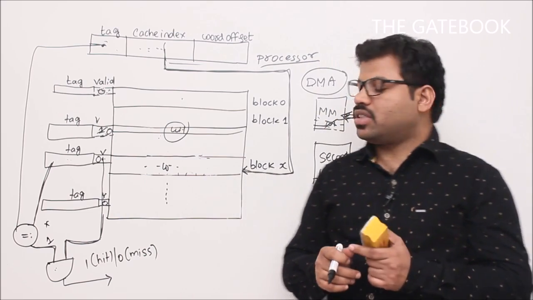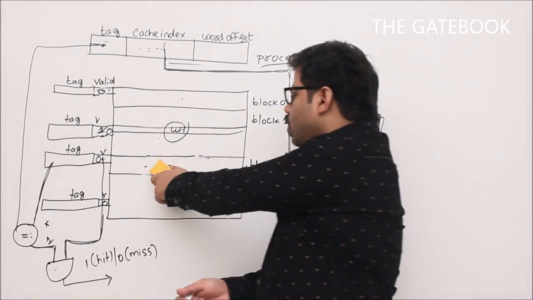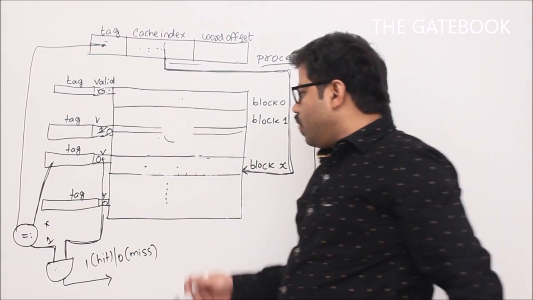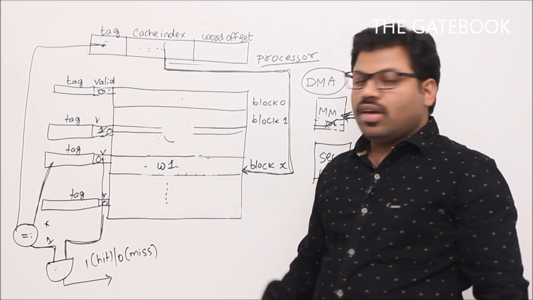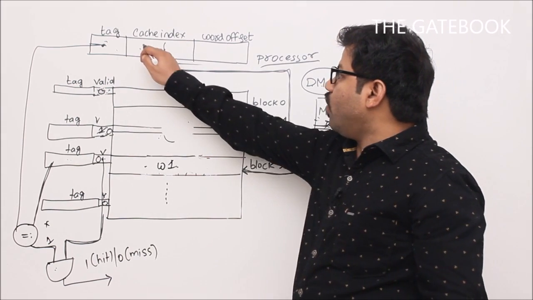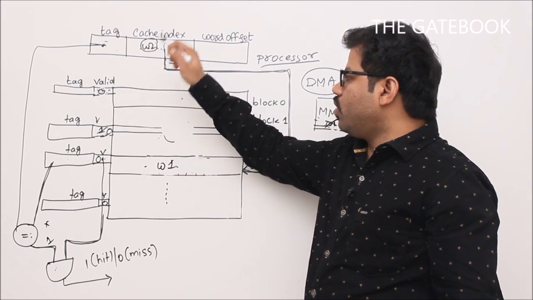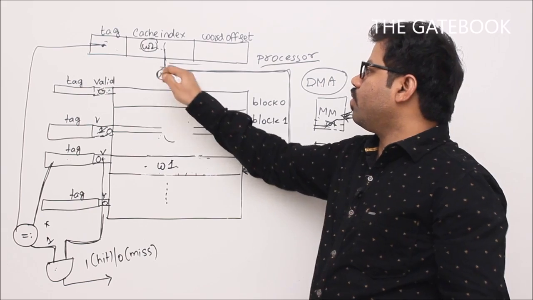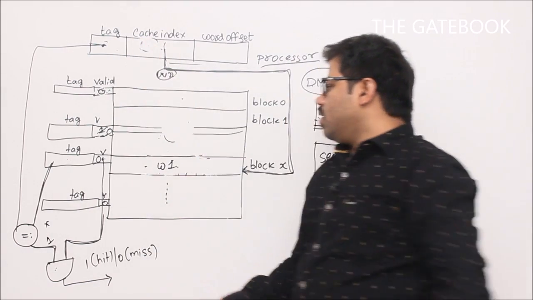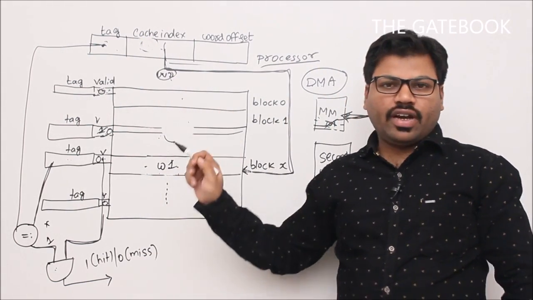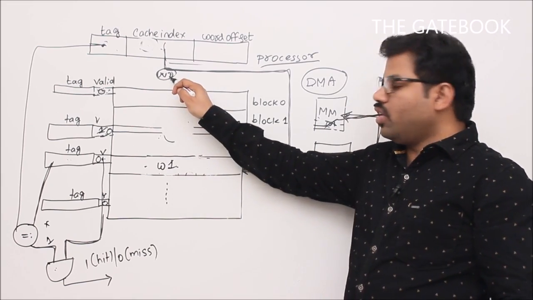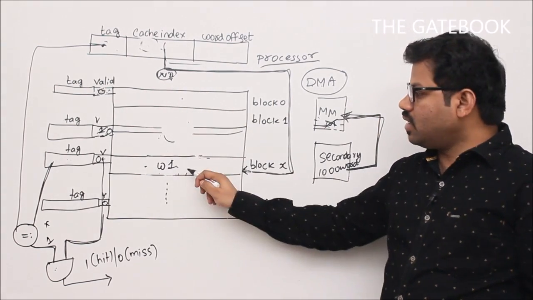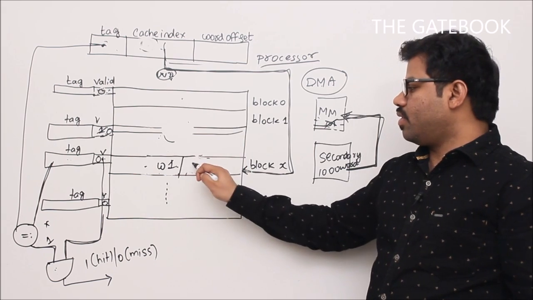What is the drawback of this model? Example, let's say some word 1 is already here, but you are referring to word 2. These two words are different, but the relation between them is that if word 2 is present in the cache, it is supposed to be present here.